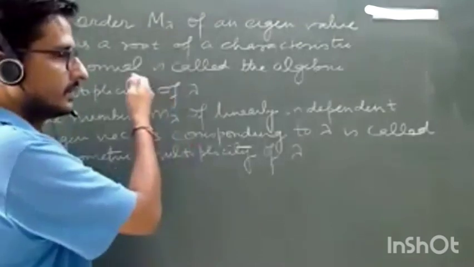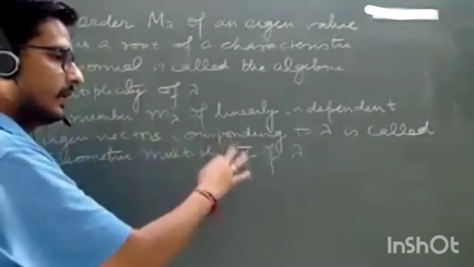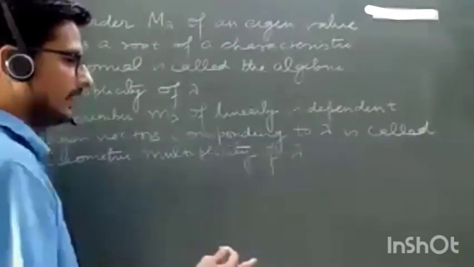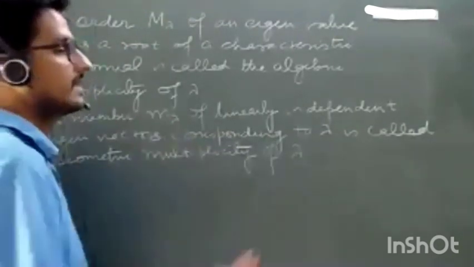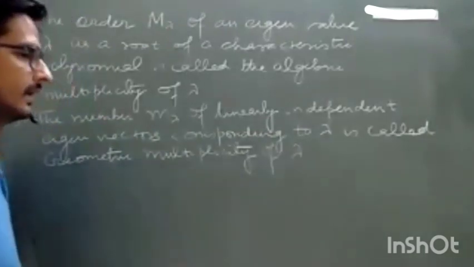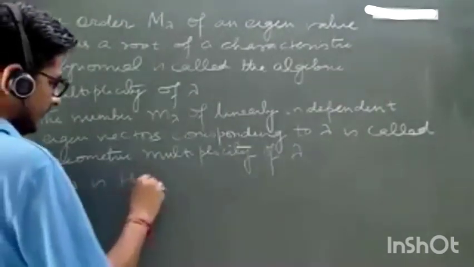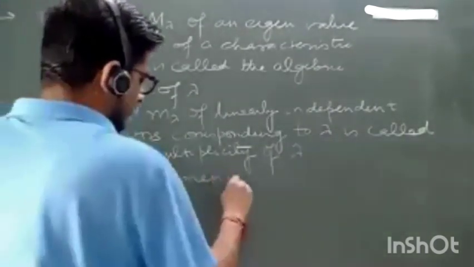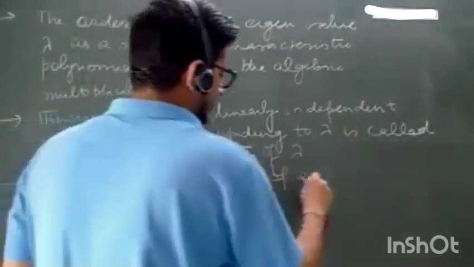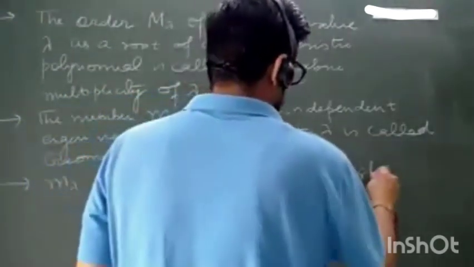So there is a possibility sometimes that, suppose here the order is 3, but you get only 2 linearly independent eigenvectors. The third you cannot write. So that can happen in some cases, okay. So that's why they may be different. m lambda is the dimension of the eigenspace.